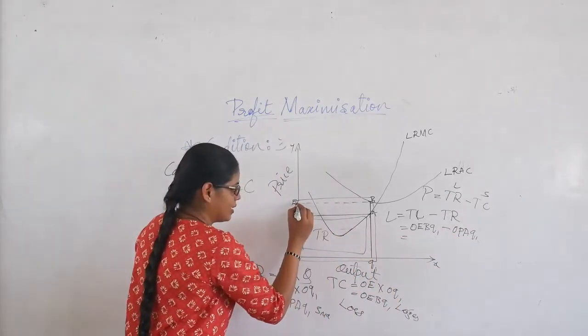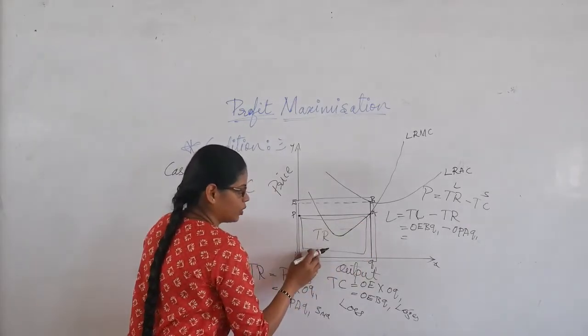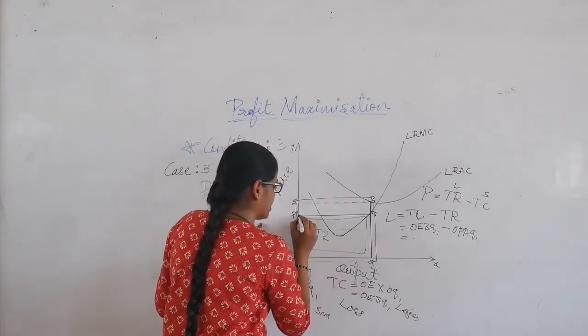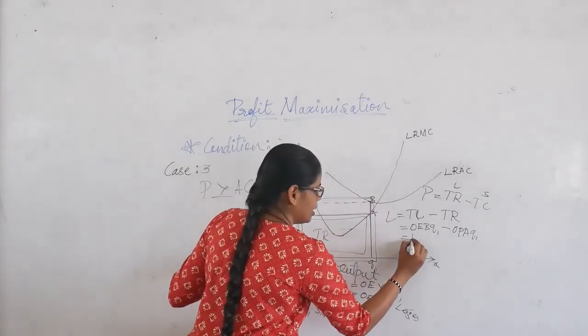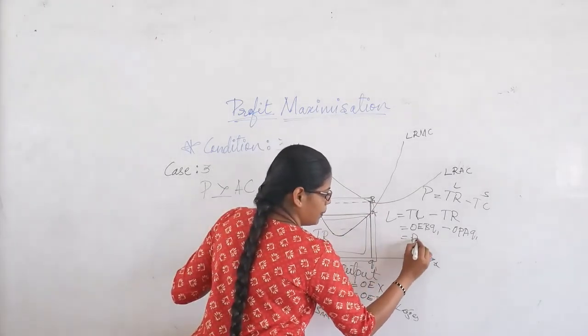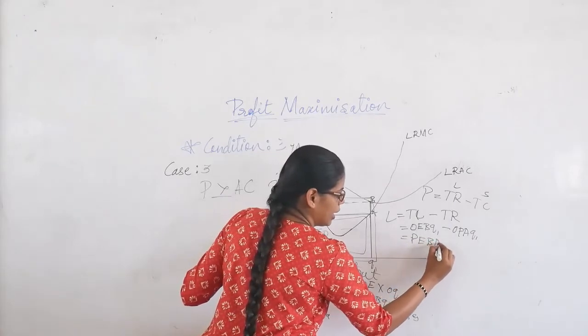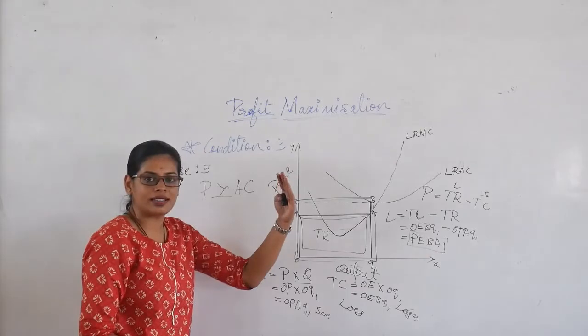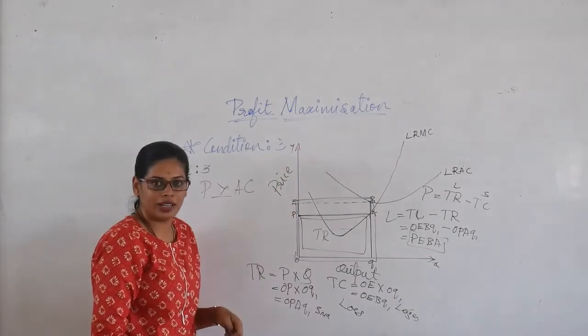If you subtract the total revenue area from the total cost area, what you get is the area PEBA. So this is your loss, because total cost is larger than the total revenue.